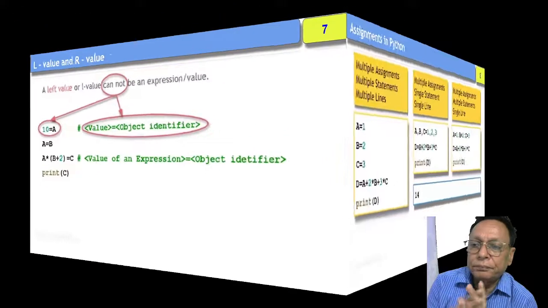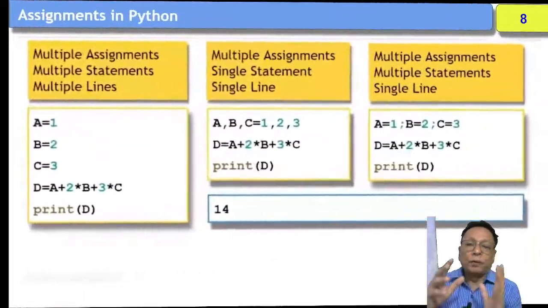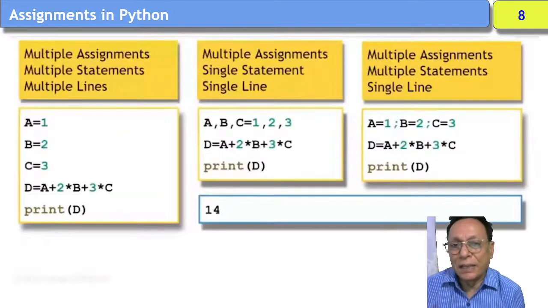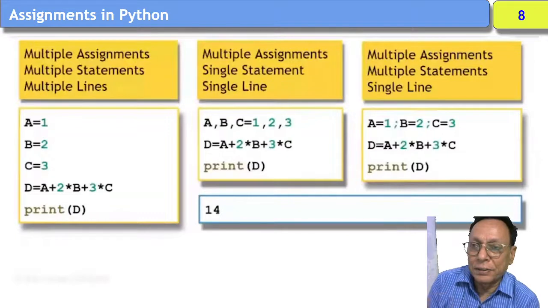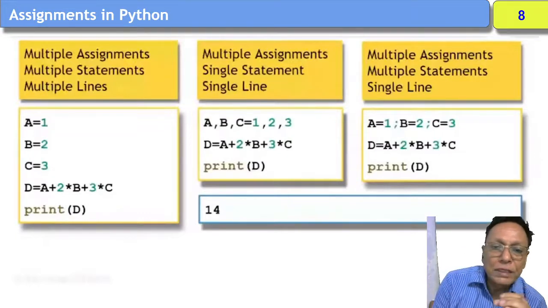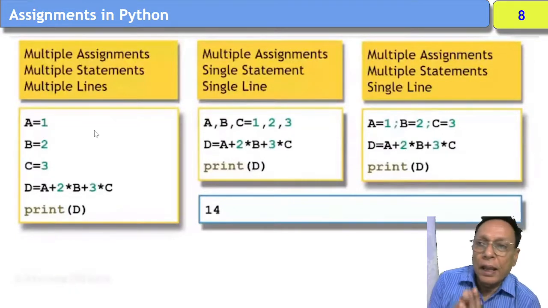Okay, now we are moving to the assignments. So how do we assign the identifiers to the literals? If you see the first picture, A is equal to 1, B is equal to 2, C is equal to 3.